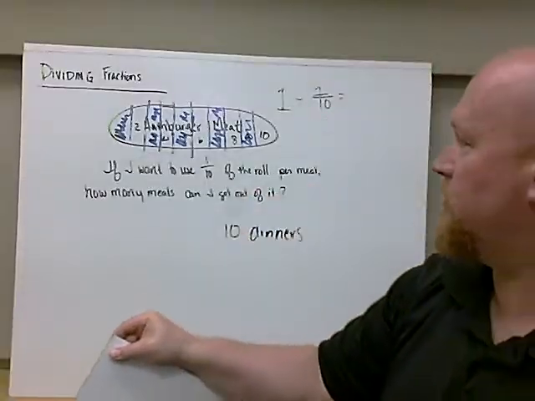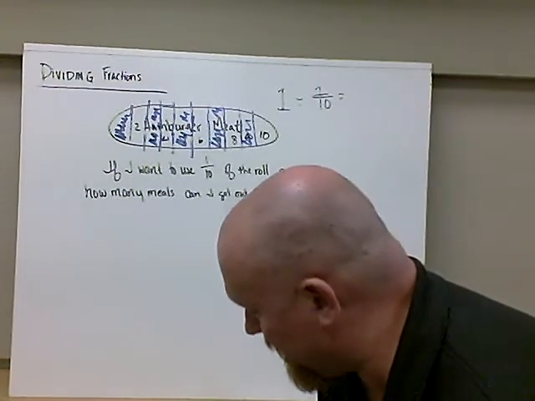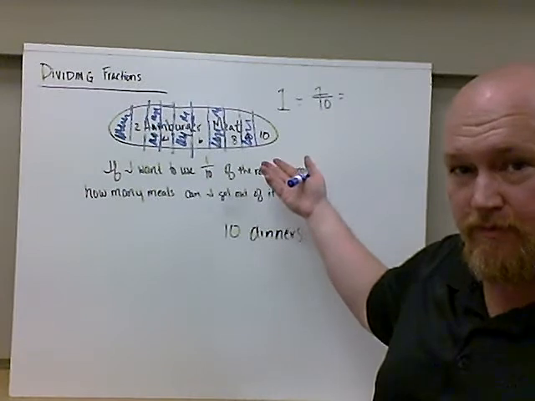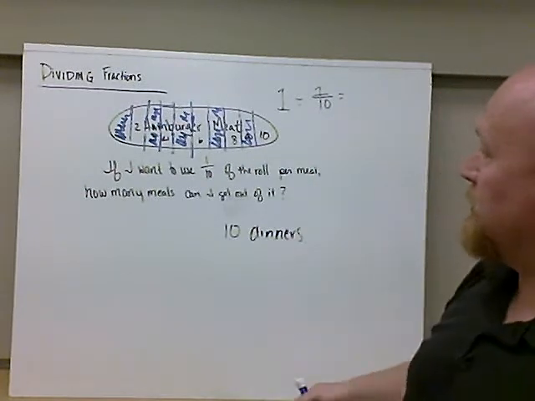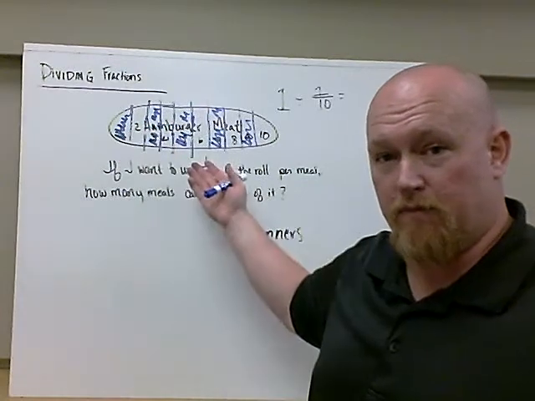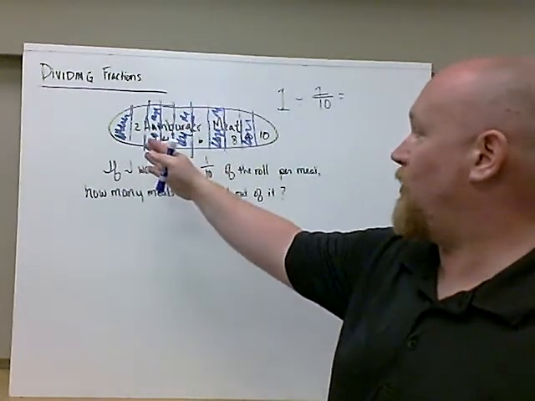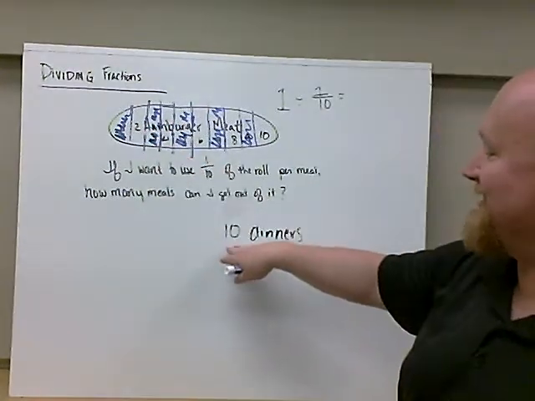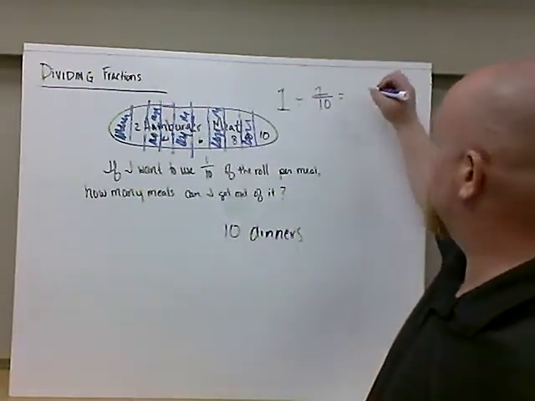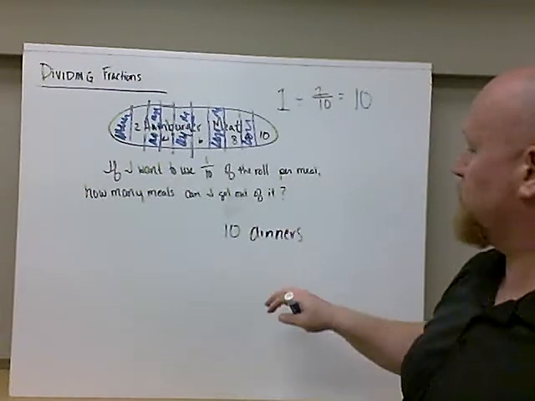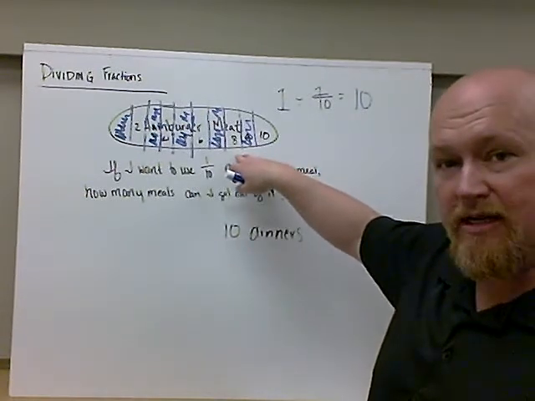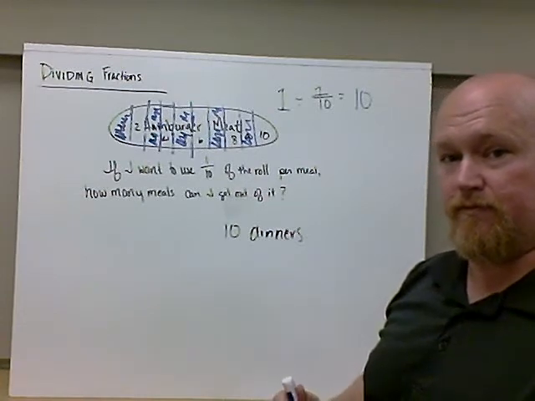So let's look at the first example from the first video. We want to take one whole and divide it by 1/10. Yesterday we modeled one whole roll of hamburger split into 1/10 pieces, and we proved that I could get 10 dinners out of one large roll of meat if I split it into 1/10.